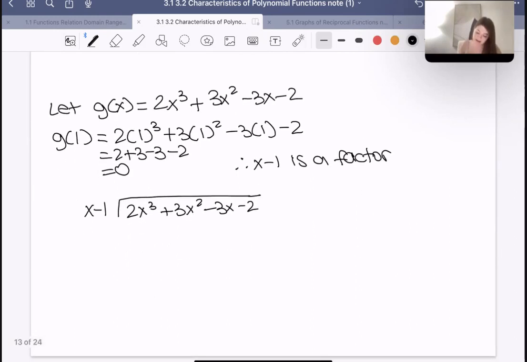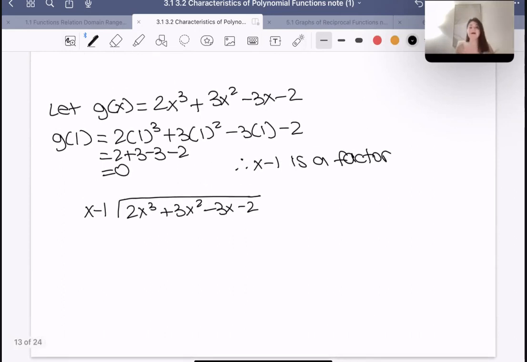And again, because we concluded from the factor theorem that x minus 1 is a factor, we should get remainder 0. And if we don't, we've made a mistake, and we should go back and fix that mistake, unless you're writing a test, then decide if you have time on the test or not to do that, or if you'd be better off doing other stuff. But do just know you got the wrong answer if it does not line up with what you found in your factor theorem. Okay, let's move forward.